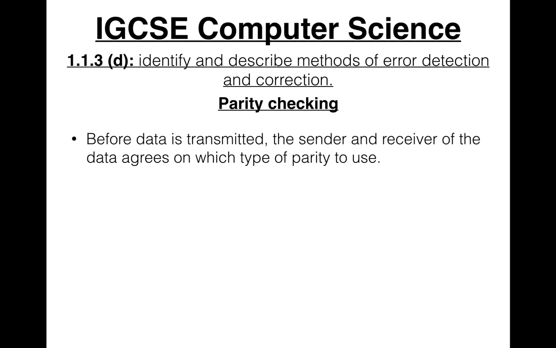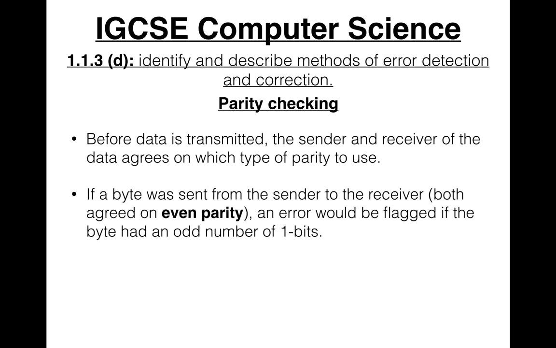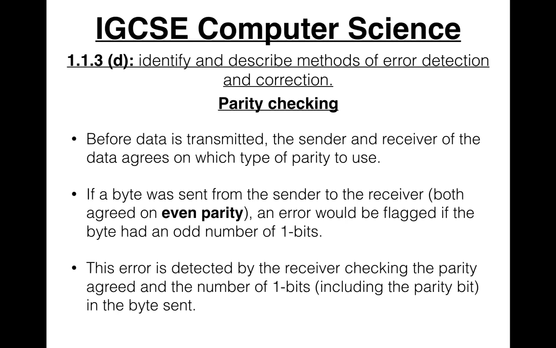Before data is transmitted, the sender and receiver of the data agree on which type of parity to use. If a byte was sent from the sender to the receiver, and they both agreed on even parity, an error would be flagged if the byte had an odd number of 1 bits.